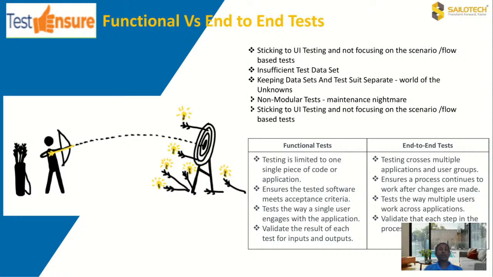That is many a time overlooked, and that's my experience in the past working with clients. The data sets are very important, and you have to keep that in mind before you even start your sprint planning. That's a part of sprint planning as well.